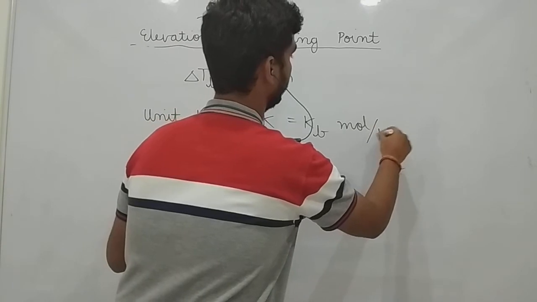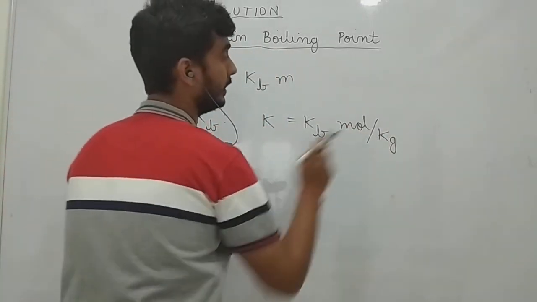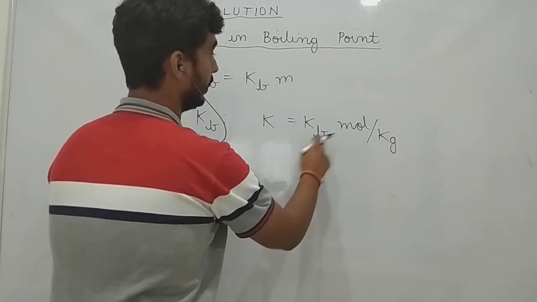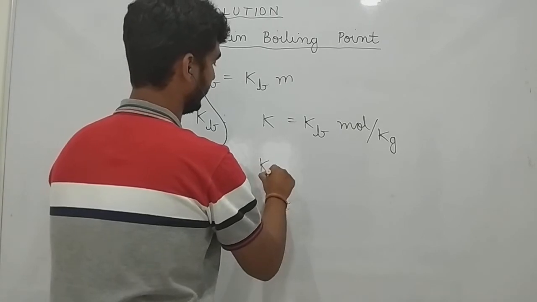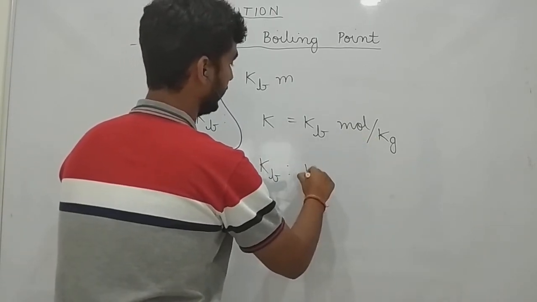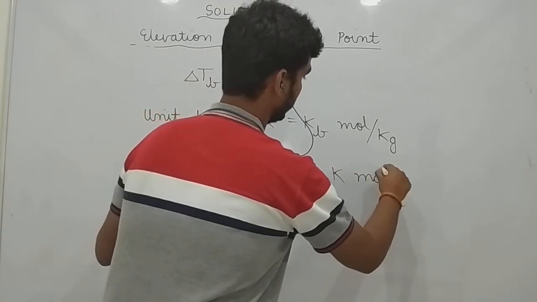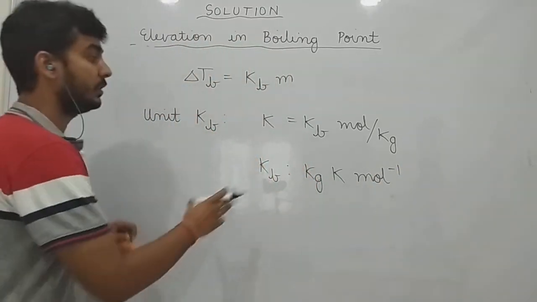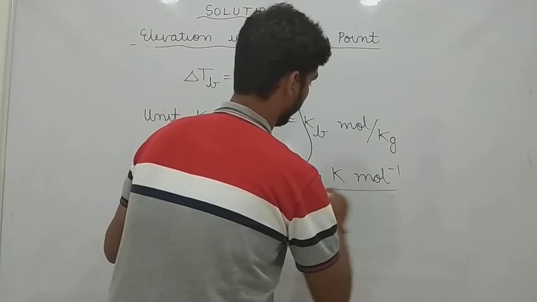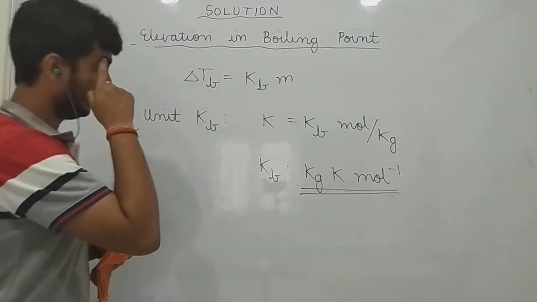From here we get the unit of Kb: this kg will come here, so kg Kelvin mole inverse. Sometimes you are asked this unit of Kb also. So the SI unit of Kb is kg Kelvin mole inverse.